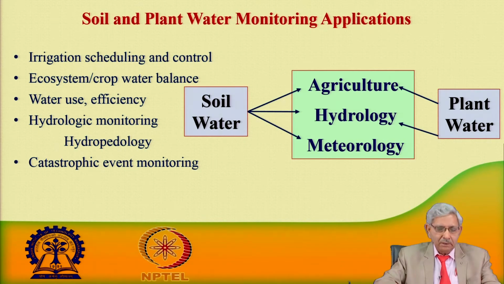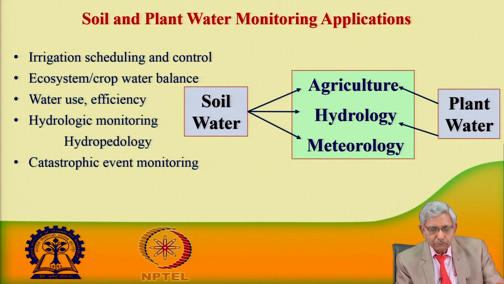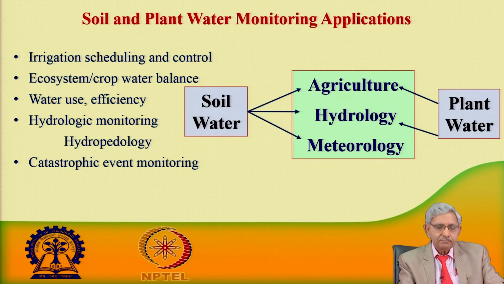In agriculture, we talk of irrigation scheduling and control. So soil and plant water monitoring is applicable to irrigation scheduling and control, which has relevance to agriculture.